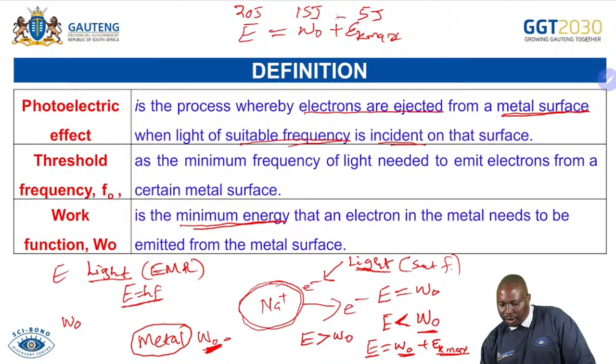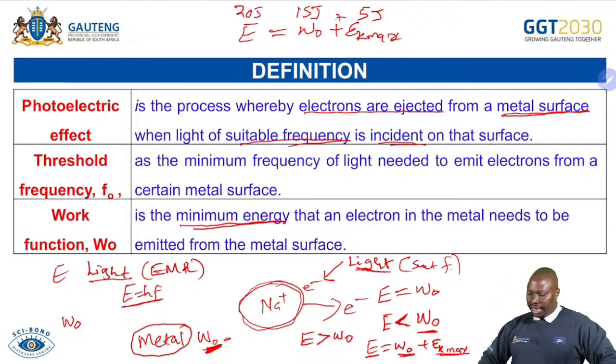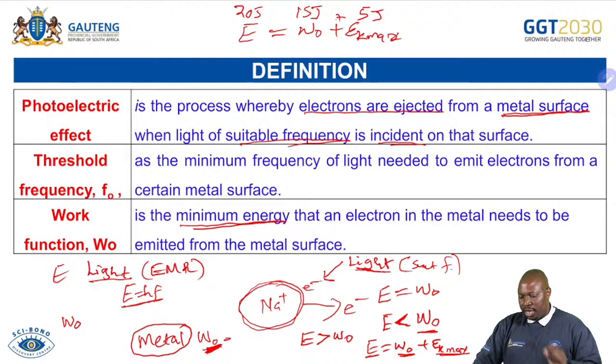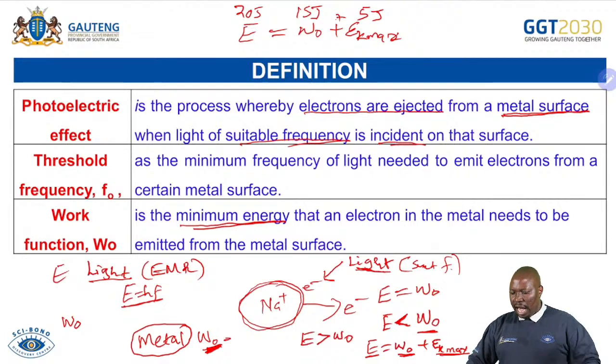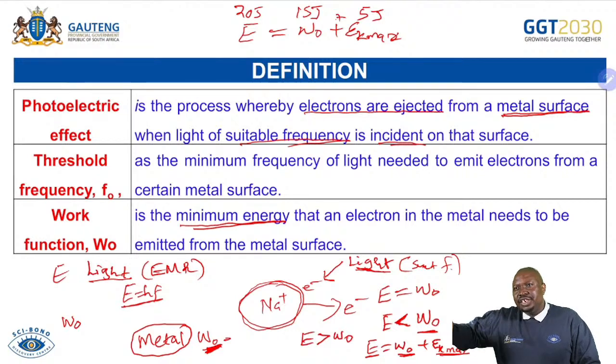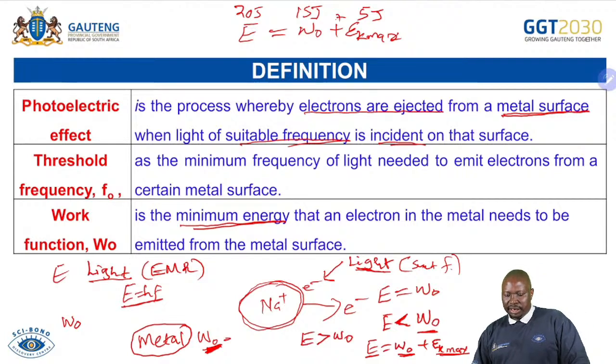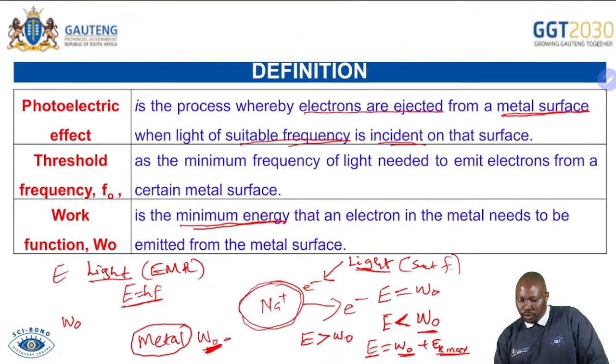I've explained the concept: there will be an amount of energy used to remove an electron from the metal surface, and that we said is the work function. However, the other energy will be converted to kinetic energy. If the energy of a photon is 20 joules and the work function is 15 joules, the other energy will be converted to kinetic energy.